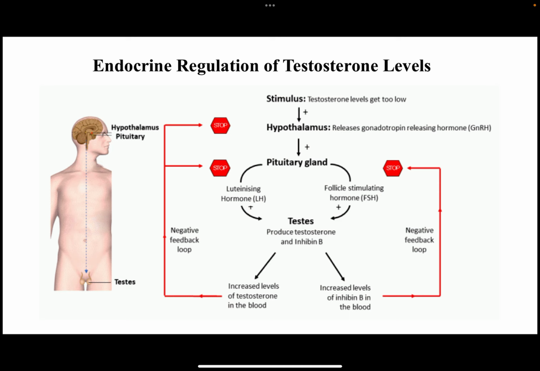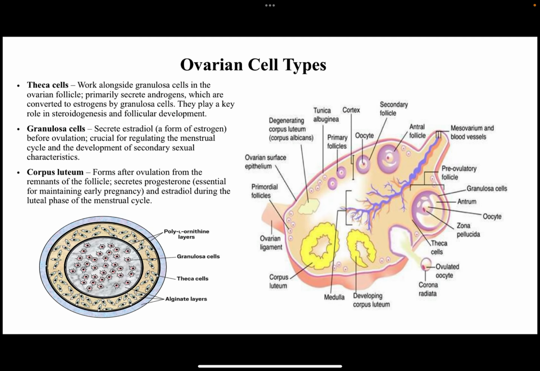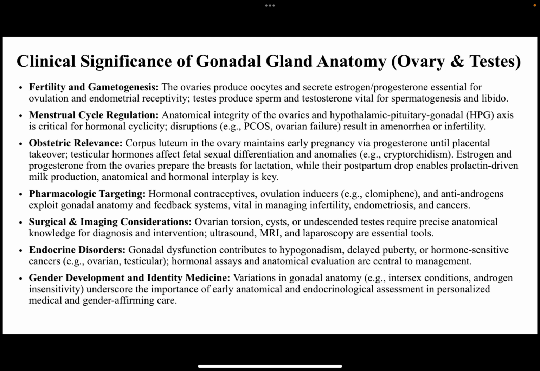And then you also have to understand the hypothalamic-pituitary-gonadal axis and the conditions that would occur if someone is having a problem anywhere on the axis. The person can end up having ovarian failure, testicular failure, conditions like PCOS, amenorrhea or infertility.